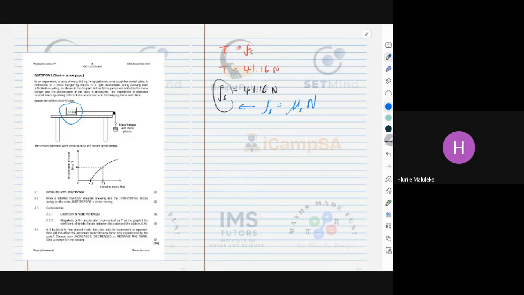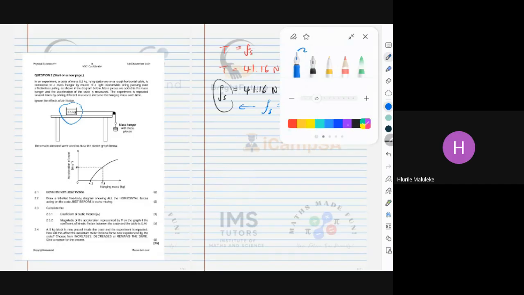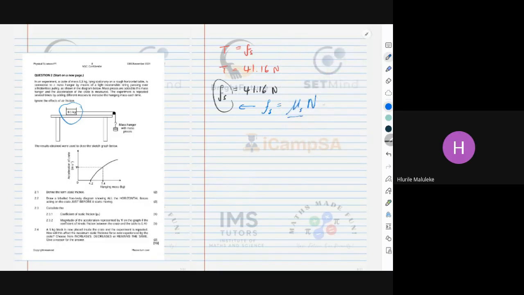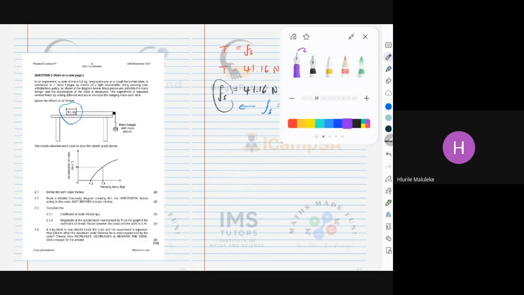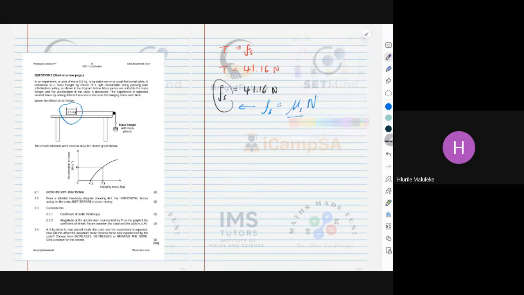Okay, so we have the Fs here, but we don't have this part here. We don't have this also, right? So we're looking for these two. But we can get our normal force here, because our normal force is simply equal to the weight.